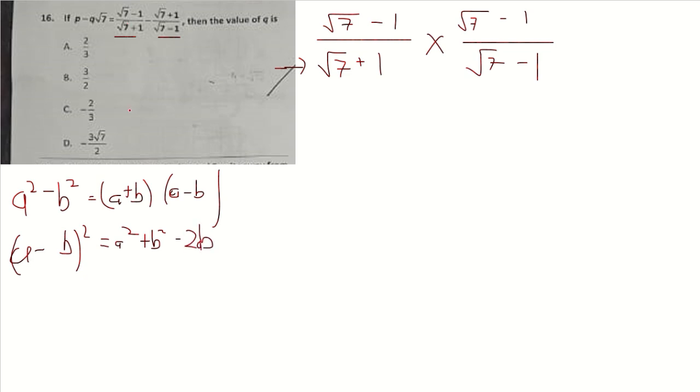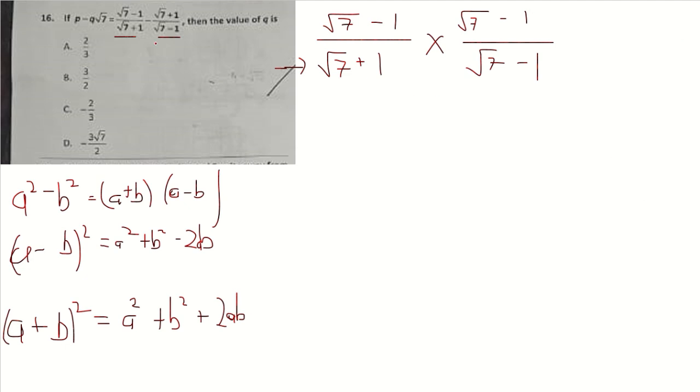Now this is for the first part. For the second part, another will be used. A plus b whole square is equal to a square plus b square, but this time plus 2ab. That's the only difference.